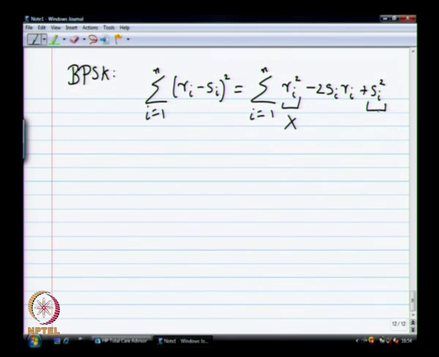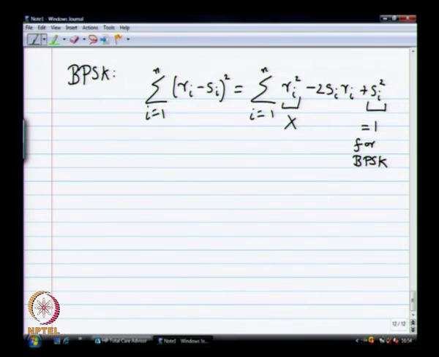Now what about Si squared? This is always equal to 1 for BPSK. Again, if I change the symbol vector S, because it is BPSK and I pick plus 1 or minus 1, it is always going to be a constant. It is 1, so I do not have to bother with that term also.